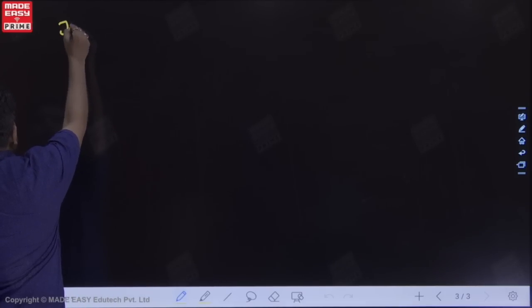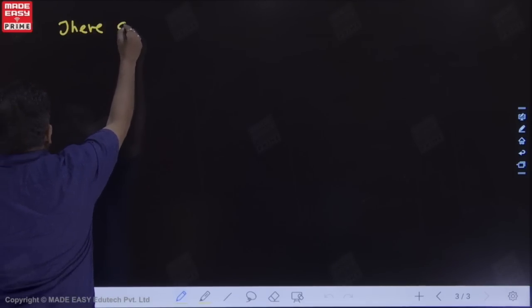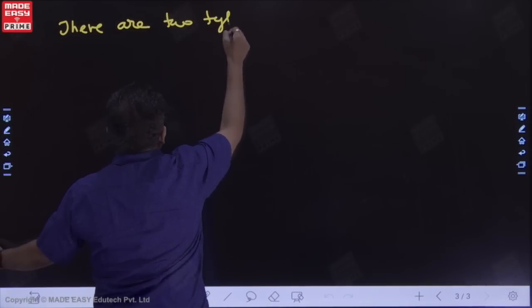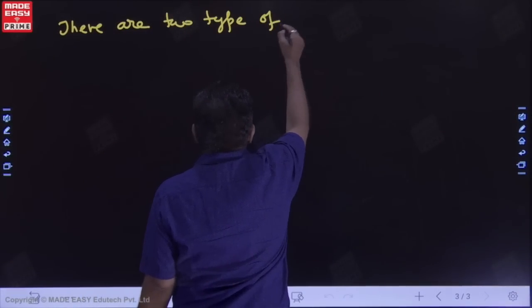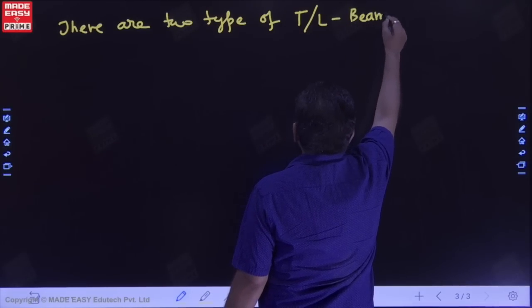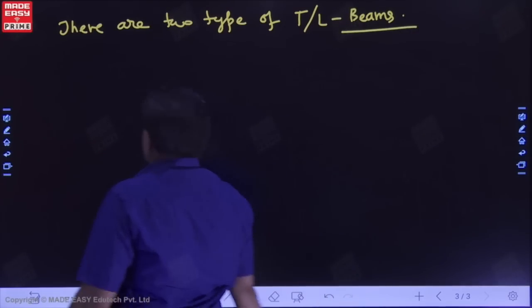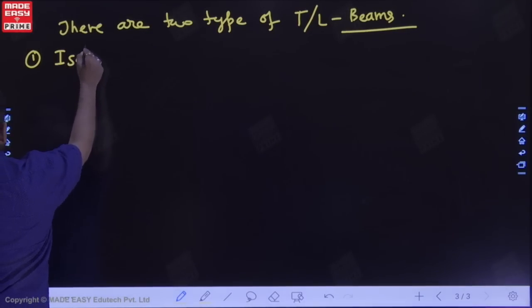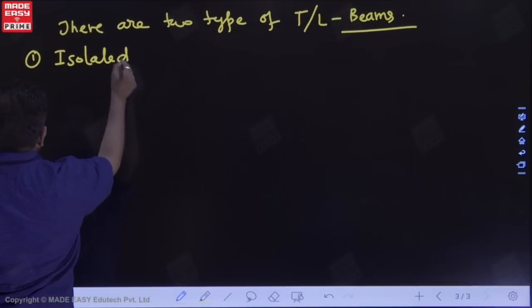See, there are two types of T or L beams. Number one is called isolated.